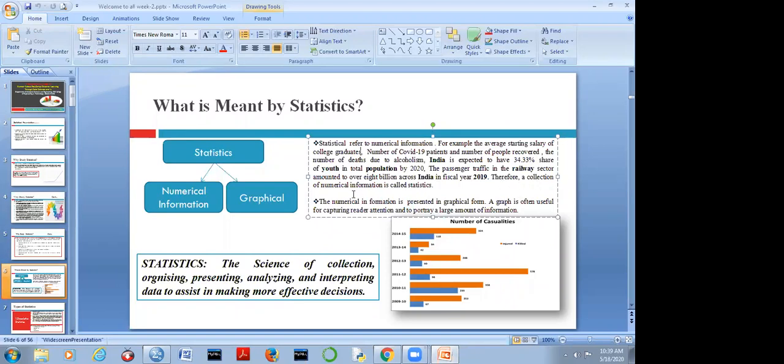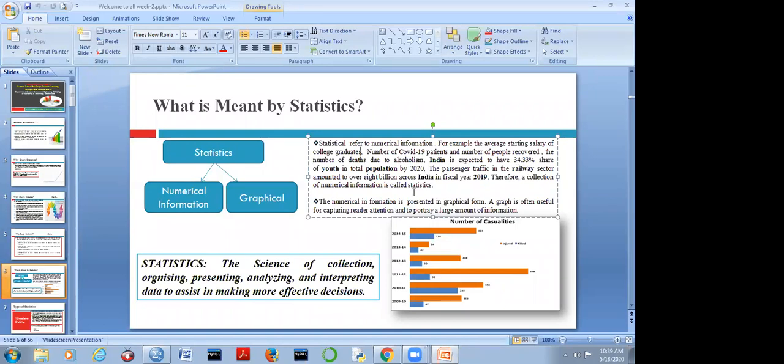So in different examples I have given the starting salary of graduates, the number of COVID patients and recovered, the death rate because of alcohol consumption, and how much youth India is expected to have.